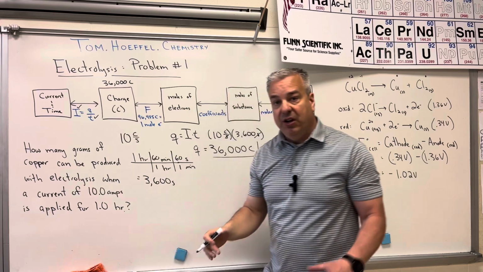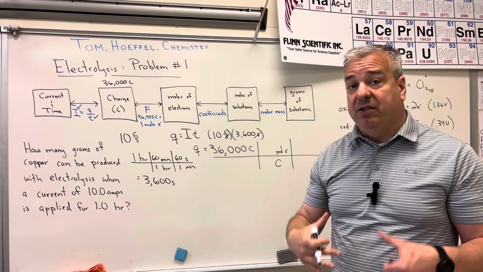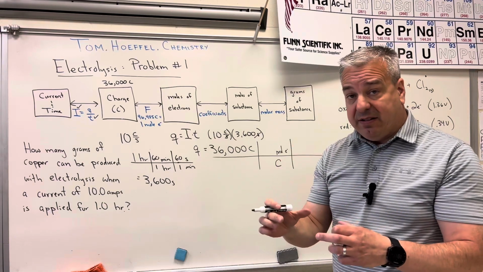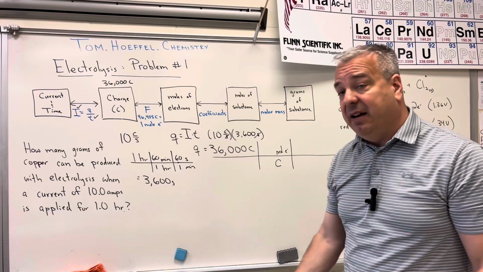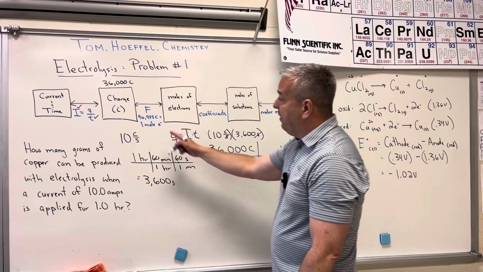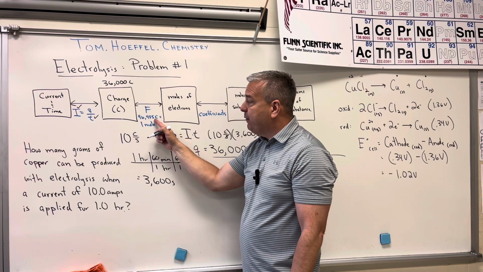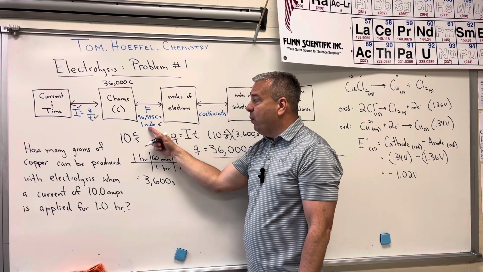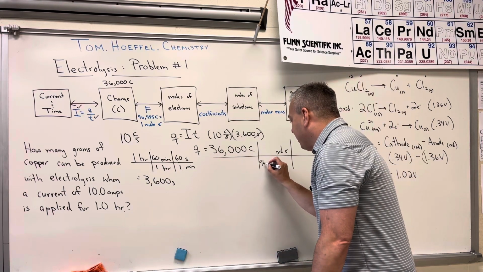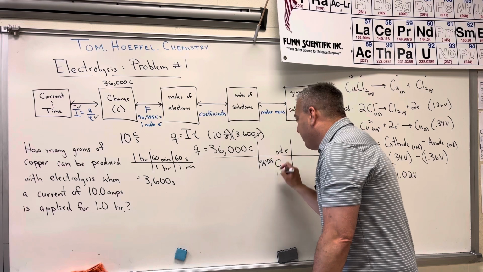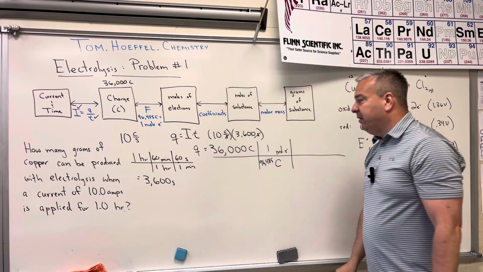If you're in college chemistry, this might be something that your professor asks you to memorize, or maybe they'll ask you to put it on an index card that you're allowed to bring to class. It's dependent on your instructor. What Faraday's constant tells us is that we have 96,485 coulombs of charge for every 1 mole of electrons. So I'm just going to write that down: 96,485 coulombs of charge for every 1 mole of electrons.